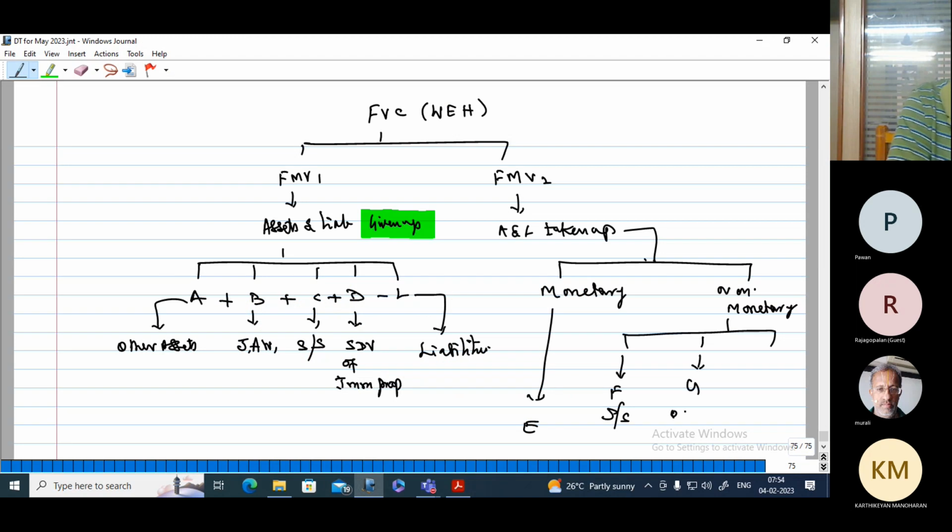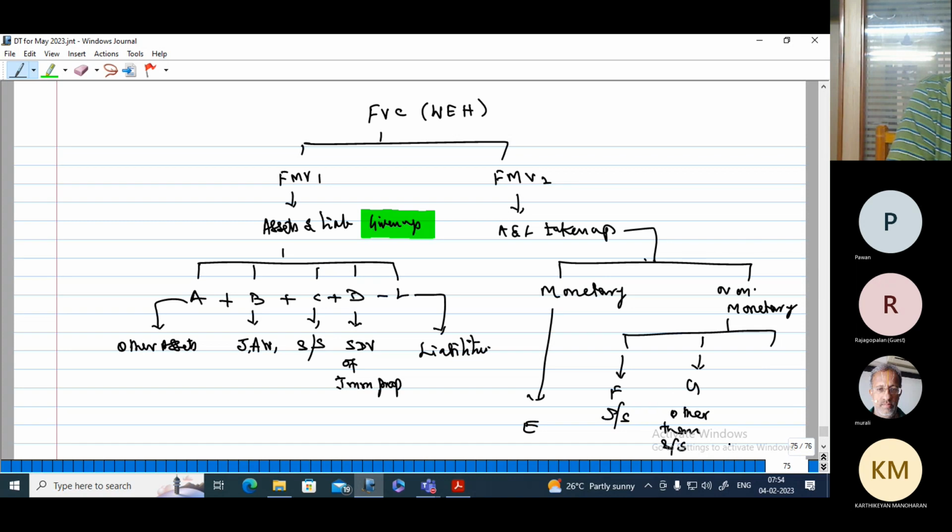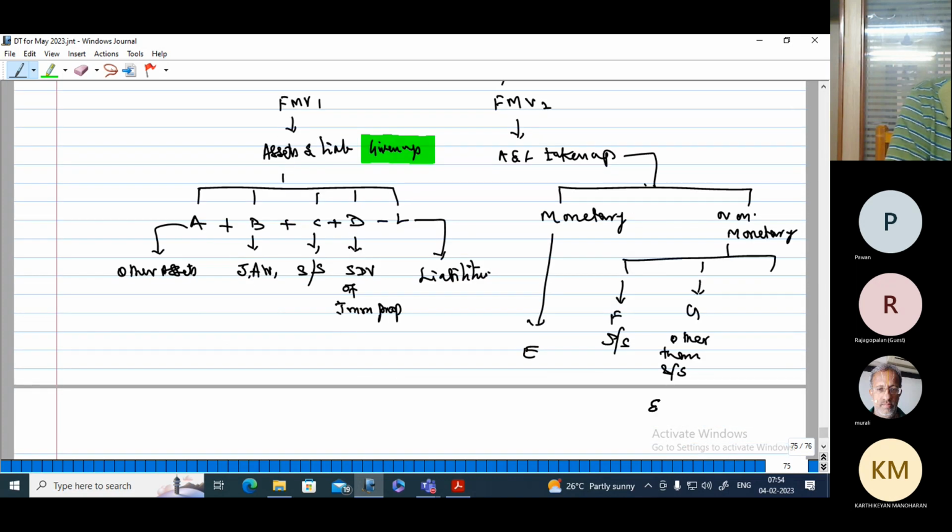So G, other than shares and securities and immovable property. H, immovable property. IMP, I will put it this way. Immovable property.